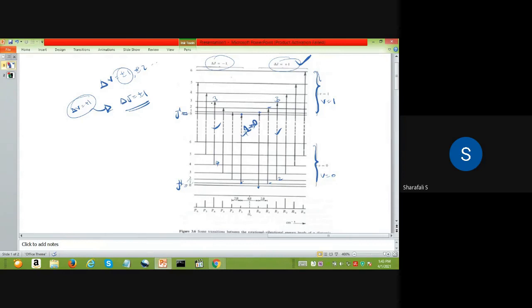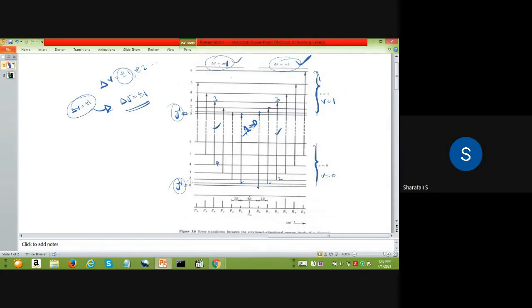So for your transition, you have to take the J value of the highest energy level as J dash and the second one as J double dash. So you have to subtract from higher energy level to lower energy level. So we have to do 3 minus 4. In that case, you will get delta J equal to minus 1.